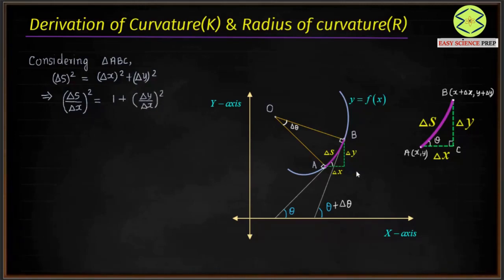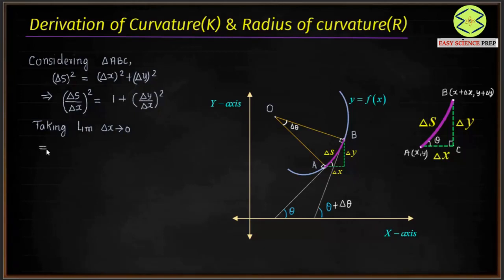If you make delta x very small, so taking the limit delta x tends to 0, because we are assuming that the portion of the curve is very small, because we are interested to find out the variation at point A. So I am taking delta x to be very small, that is delta x tends to 0.